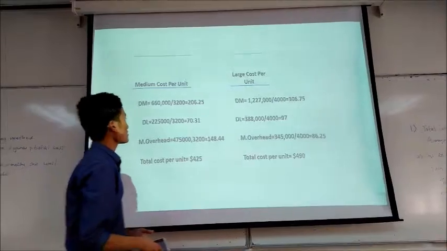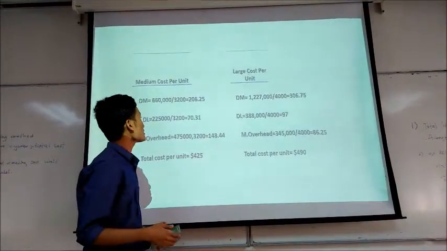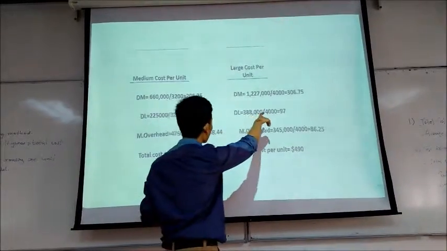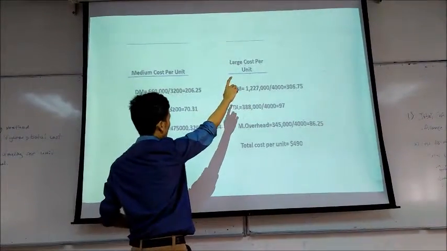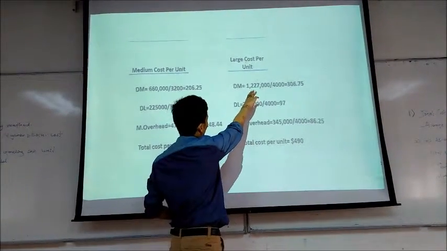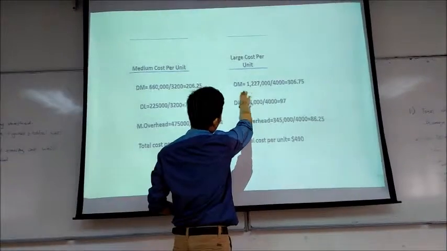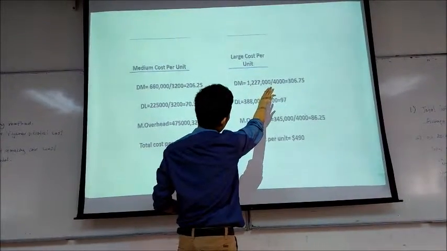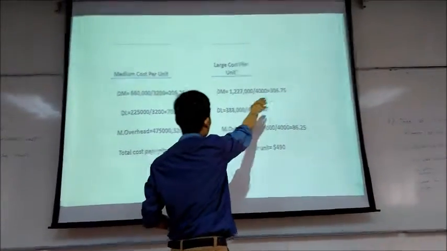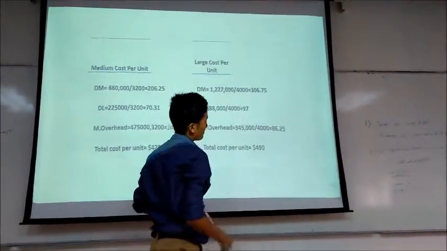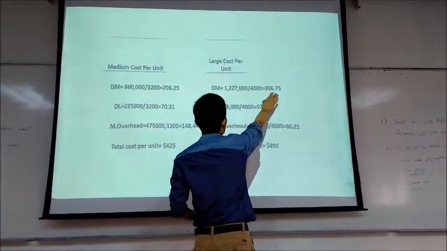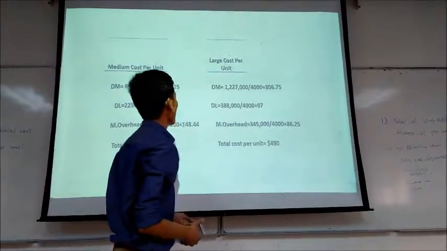In addition to that, to calculate the cost per unit for the large TV, you have to divide 1,227,000, the total price for direct material, by 4,000, the volume, and you get 306.75.